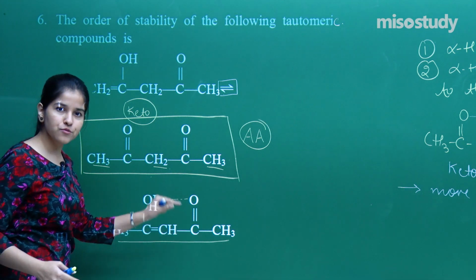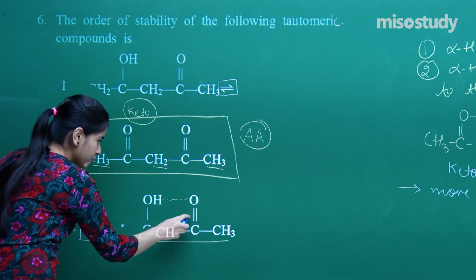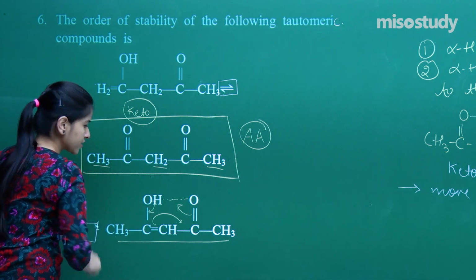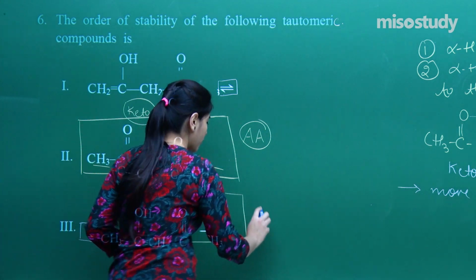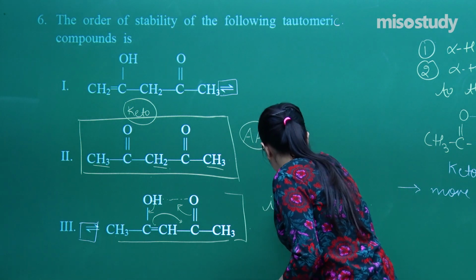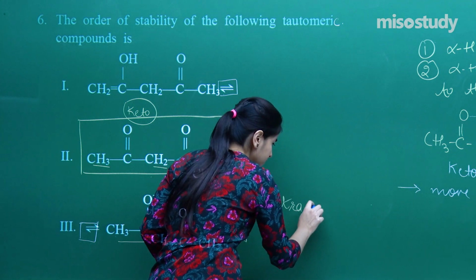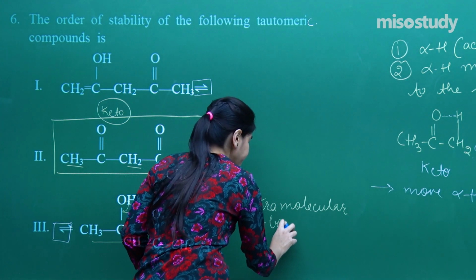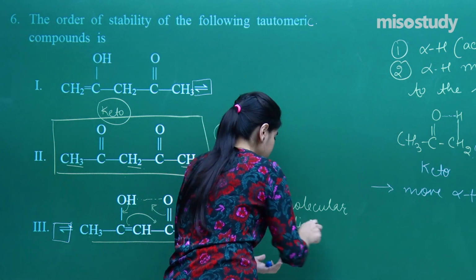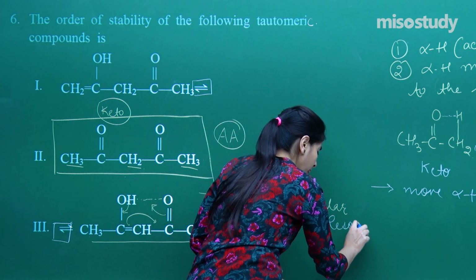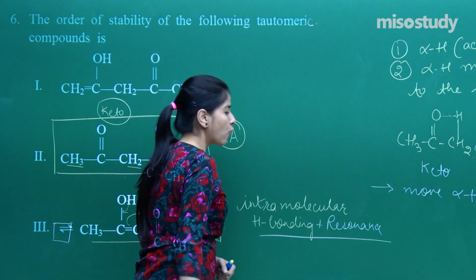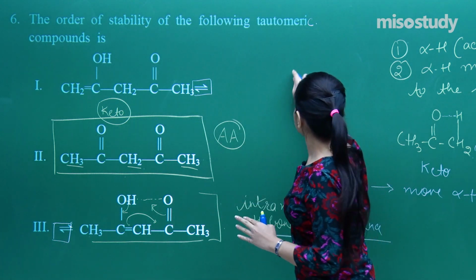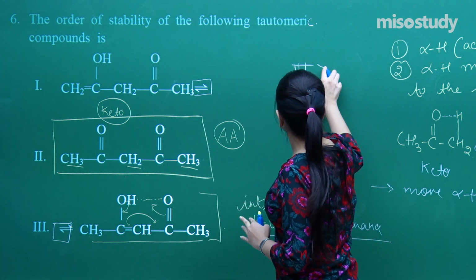Also, this hydrogen bonding is resonance stabilized. So this hydrogen bonding is somewhat like this. So here I have got intramolecular H bonding plus the resonance. All these factors will be contributing to maximum stability, definitely. That means number 3 must be the most stable.